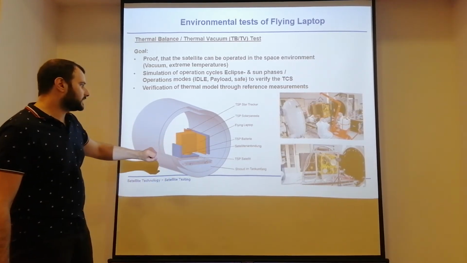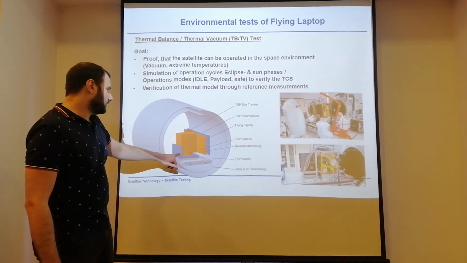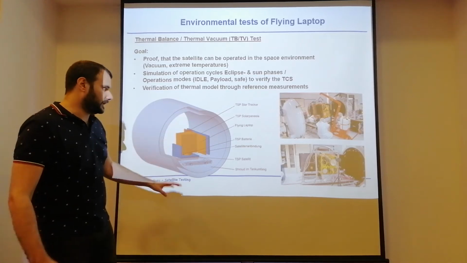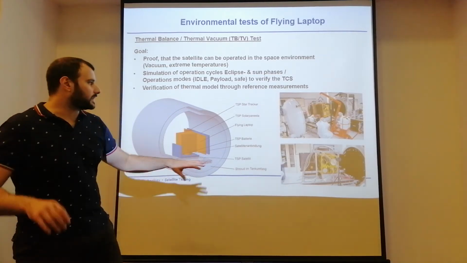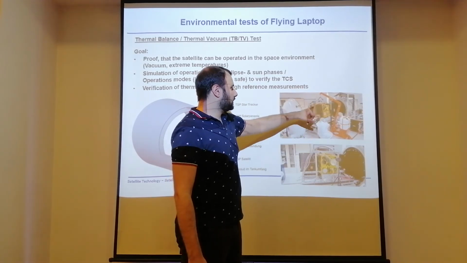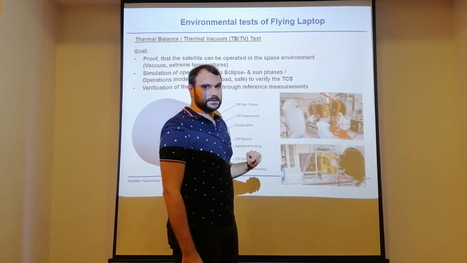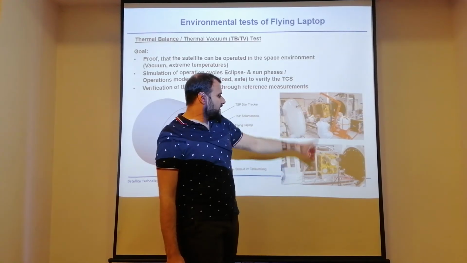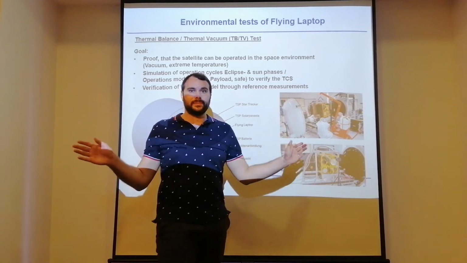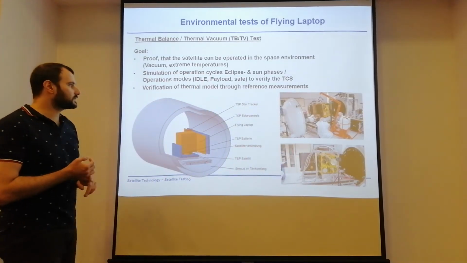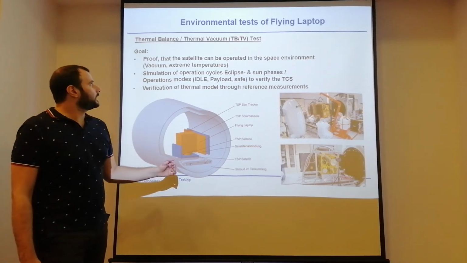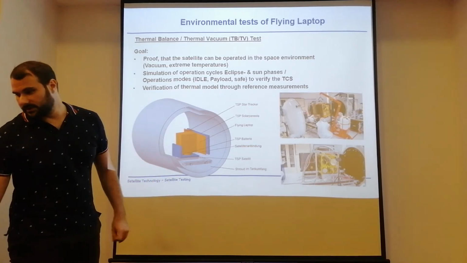Same goes for the star trackers, and everything is in a shroud within the test facilities. You can see the Flying Laptop was lifted into this thermal vacuum chamber and this simulator. 2 tests were performed, one with undeployed and one with deployed solar panels, because those are the different conditions you had to test for. Then you would go through the thermal balance and the thermal vacuum test here.